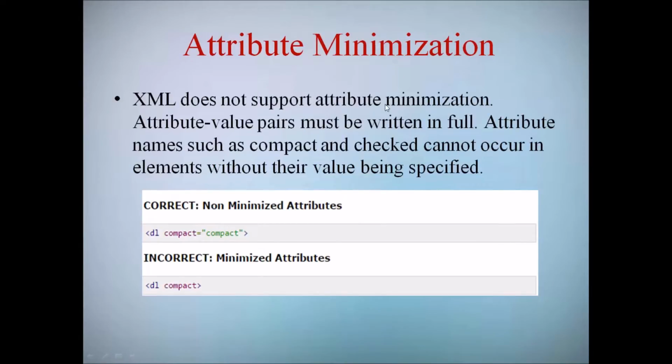Attribute minimization: XML does not support attribute minimization. Attribute values must be written in full. Attribute names such as compact and checked cannot occur in elements without their value being specified. Here is my example.